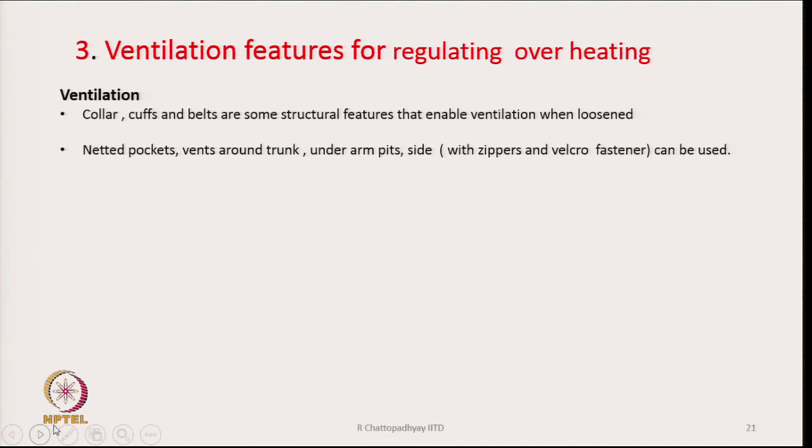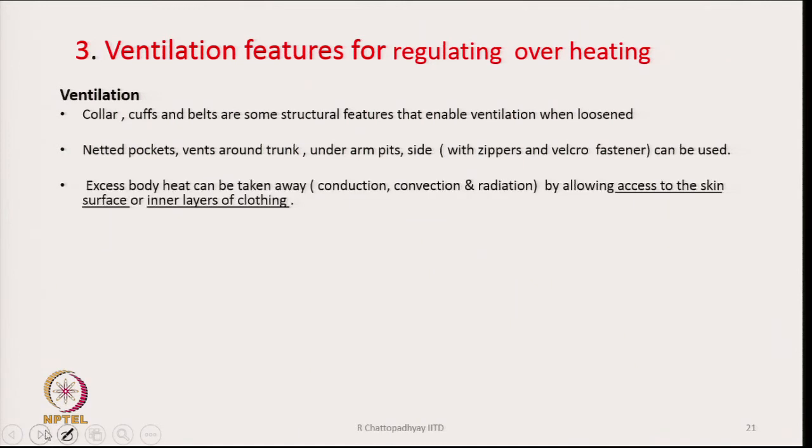Ventilation points are collars, cuffs and belts, which are structural features that enable ventilation when loosened. If we loosen them, then a lot of air can escape. Netted pockets and vents around the trunk, under the armpits and sides can be used.